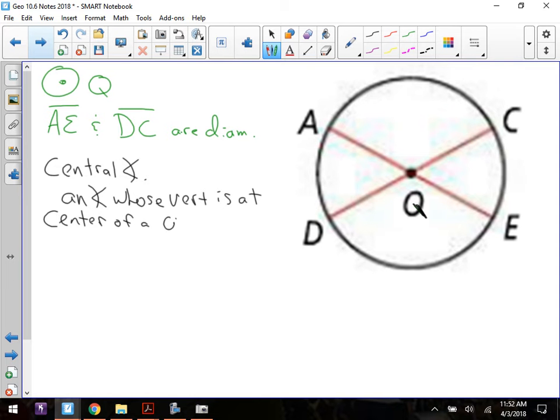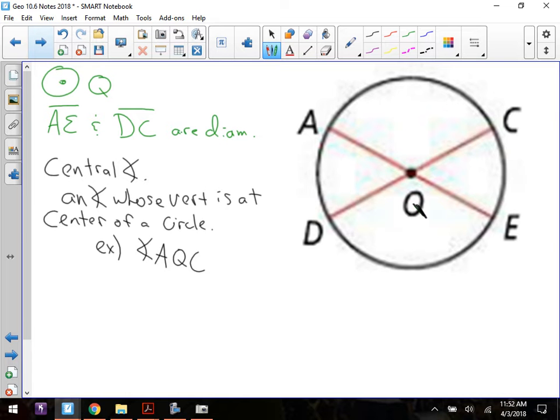Okay. So here, an example of that would be AQC. Q is the vertex, and it happens to be the center of the circle. Convenient because that's what we call it.